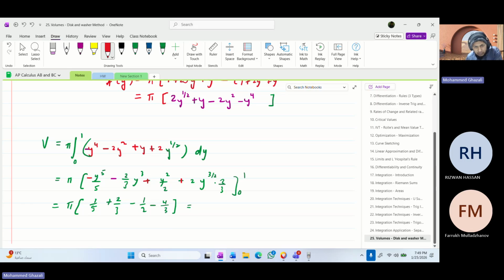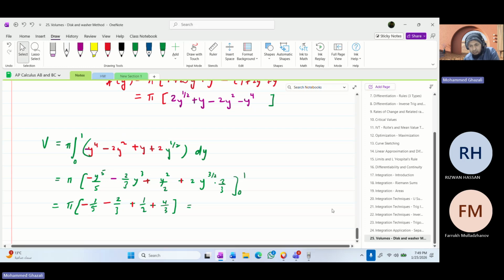Positive there, negative here, and negative here. Should work now.